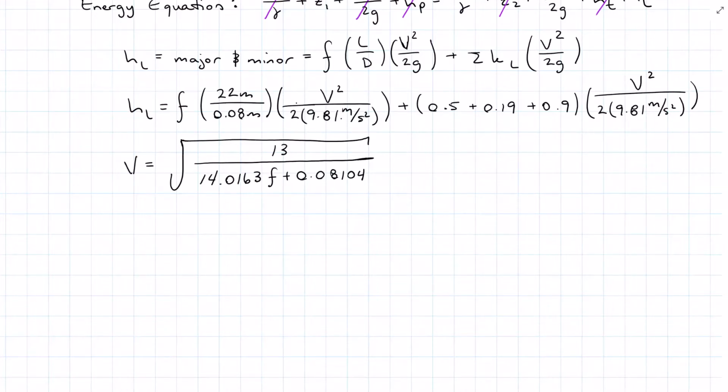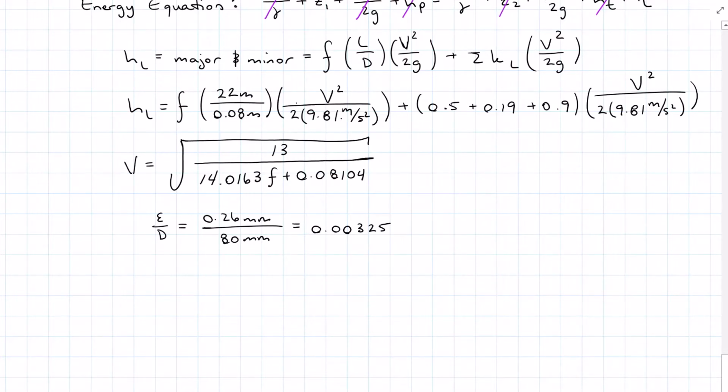So that means I need to make an educated guess on my friction factor based on my relative roughness. So my relative roughness for cast iron is 0.26 millimeters divided by my diameter, 0.12325.